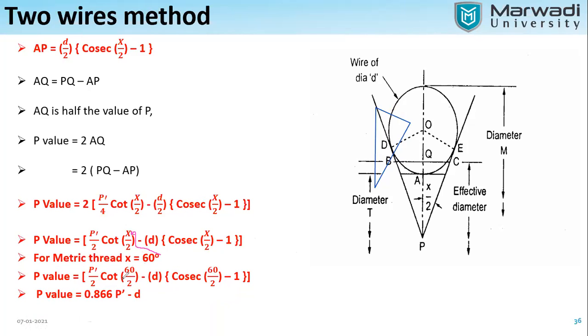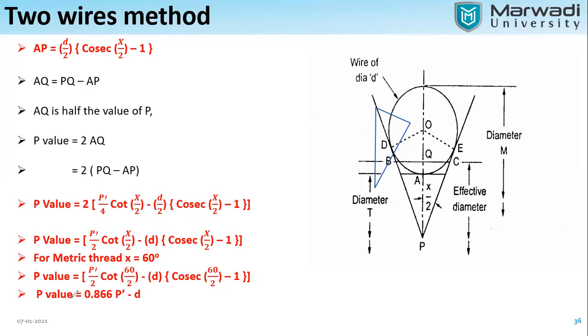So it will be P dash by 2 cot 60 by 2 minus d times cosec 60 by 2 minus 1, and 60 by 2 means it is 30. So find the value of cot 30 and cosec 30, and do some simplification.